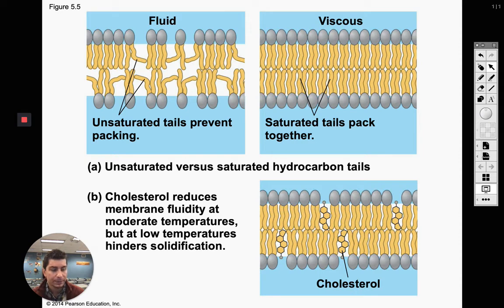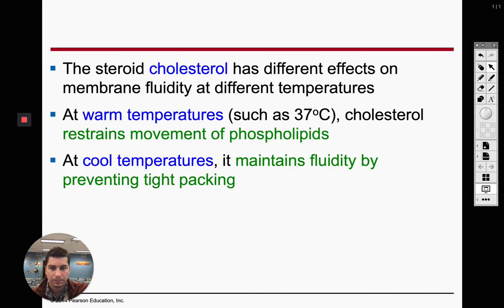Those phospholipids have less interactions with one another because it's becoming a liquid. They're not as close together. This is how normal things act. Water's the weird one that we went over in chapter 2. But everything else, as it goes from a solid to a liquid, the things will space out a little bit.